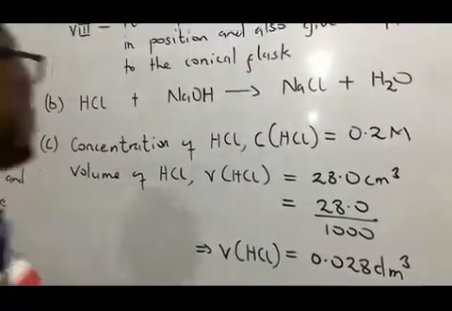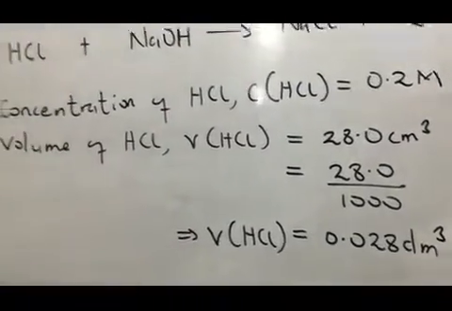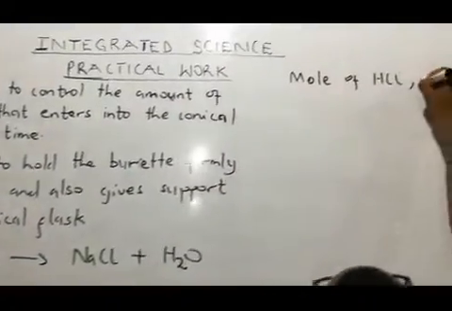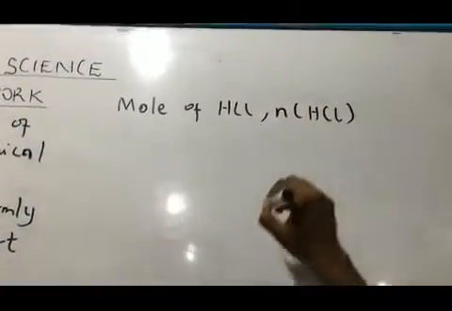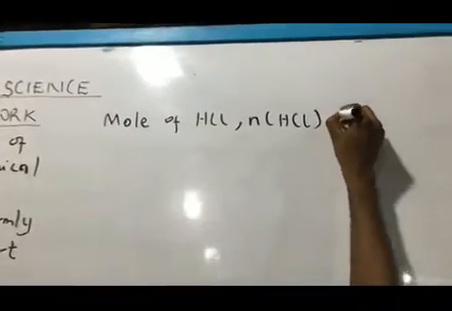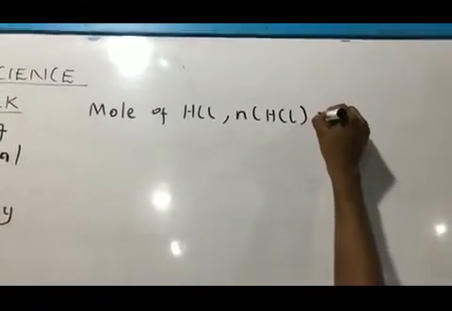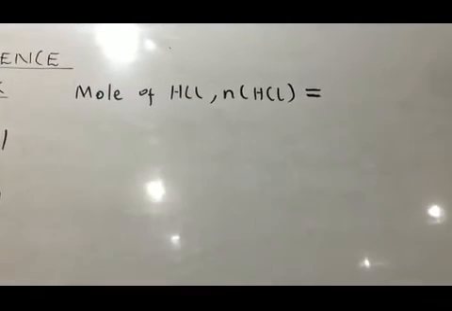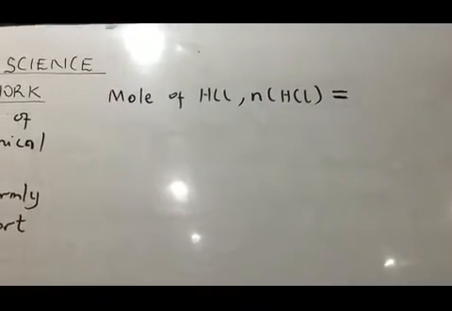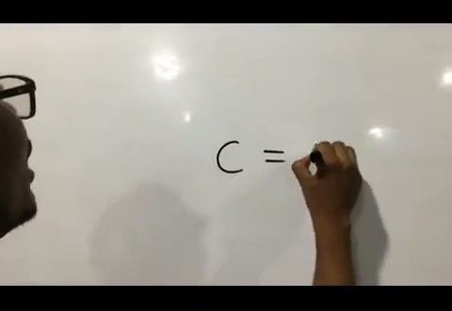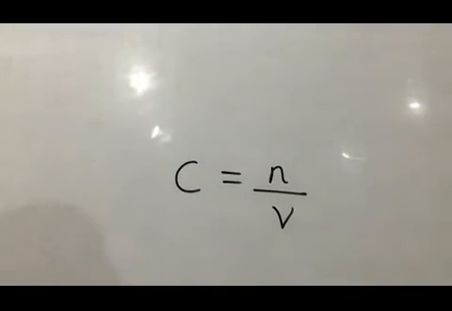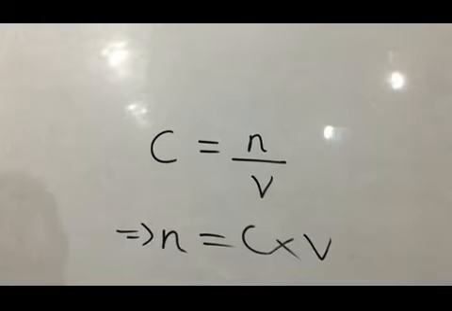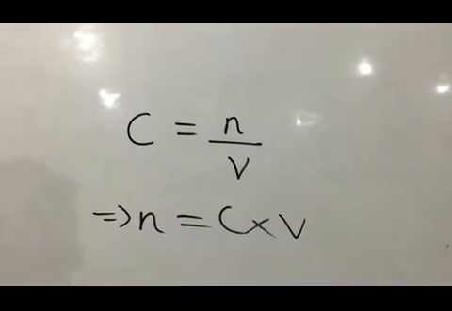So we can calculate the mole of the HCl. How do you calculate the mole of HCl? We know from theory that concentration or molarity C is mole over volume. So if you make n the subject, your mole becomes the concentration times the volume.